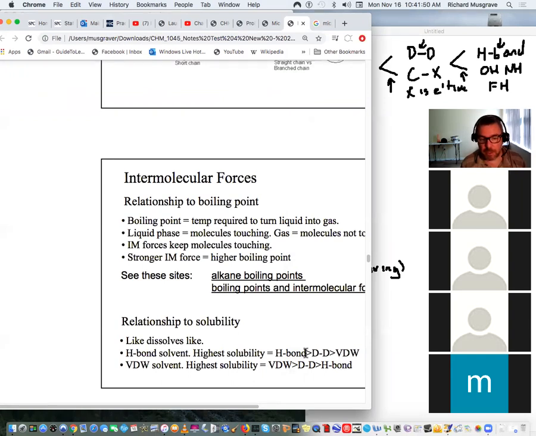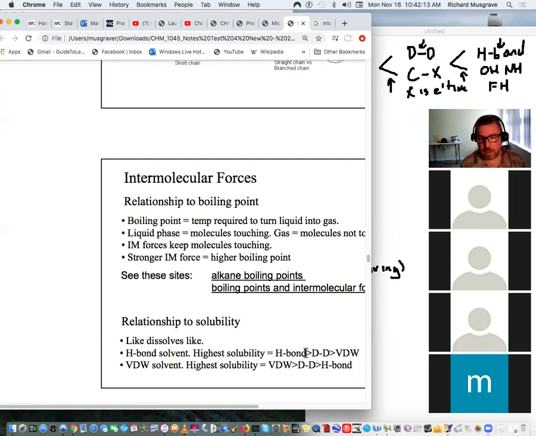But if you've got a Van der Waals solvent, then it tends not to dissolve those things. A classic example is oil and water. If you put oil on water, the oil's going to float. The oil is all hydrocarbon, all carbon and hydrogen, so it doesn't dissolve at all.